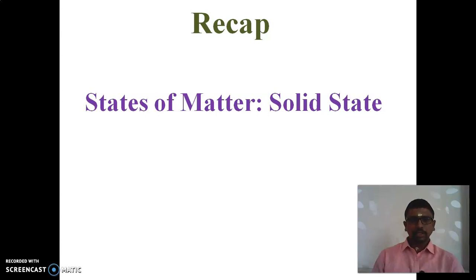And what are the properties? Its rigidity is high, and we can't compress the solid particles, but we can break them.